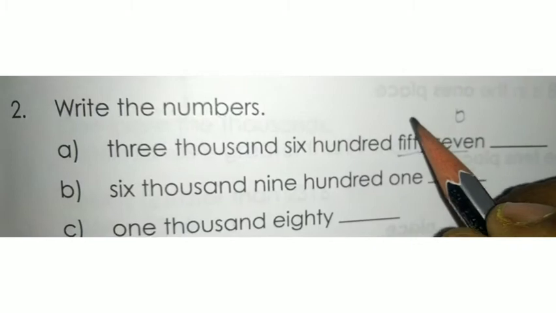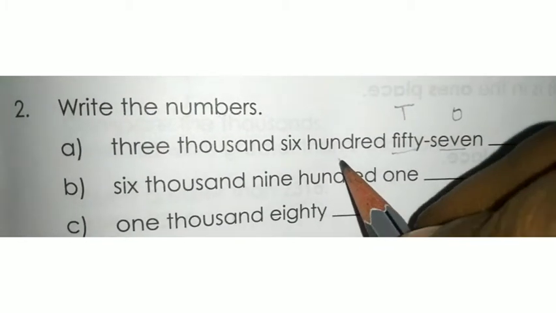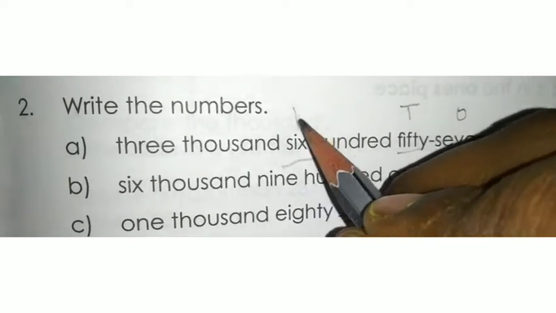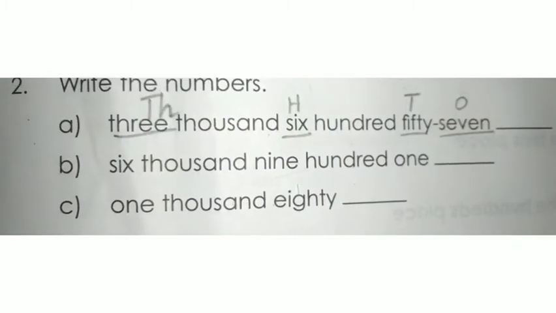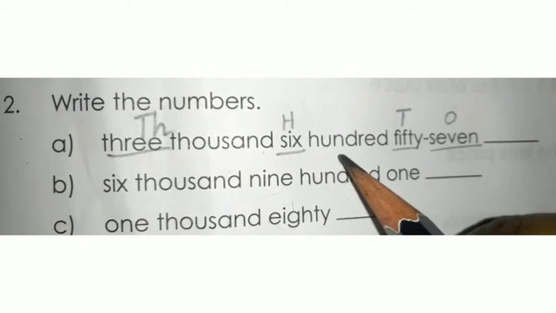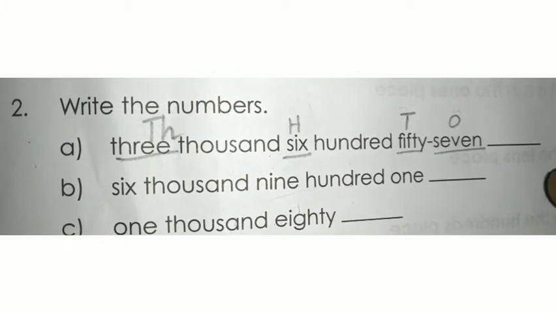50 means tens place, tens. Then hundreds place, 6 is in hundreds place. Then if you write the place values as like this, then it is very easy for you to write the number.